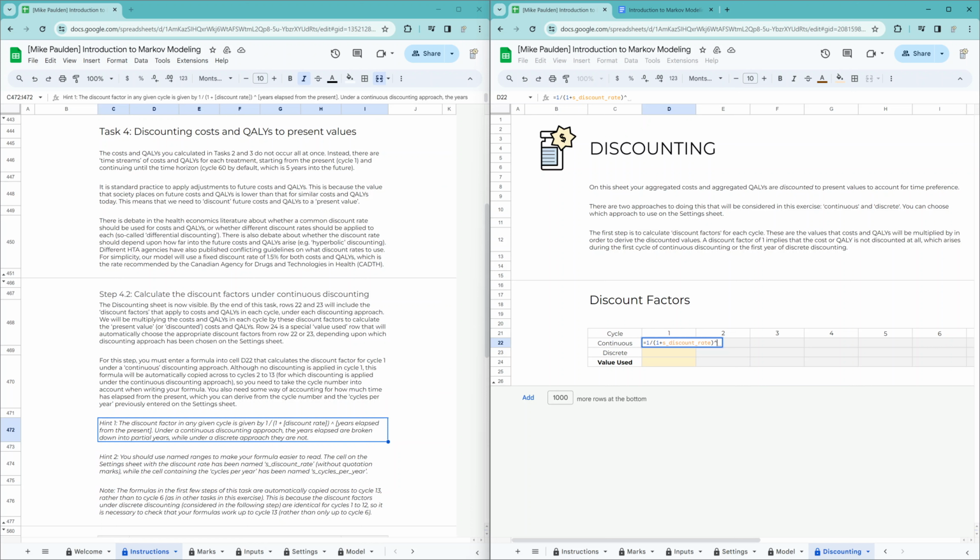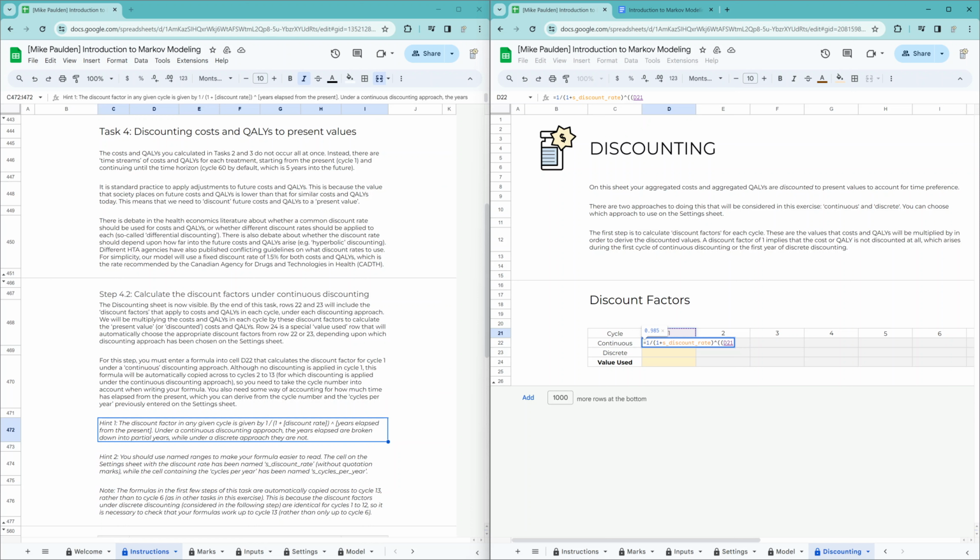One way of calculating this would be to look at the cycles, which are in row 21. So I'm going to open a couple of brackets now, and I'm going to take the number of cycles here, so that's 1. And if you were to divide that by the number of cycles per year, that would tell us how many years have passed.